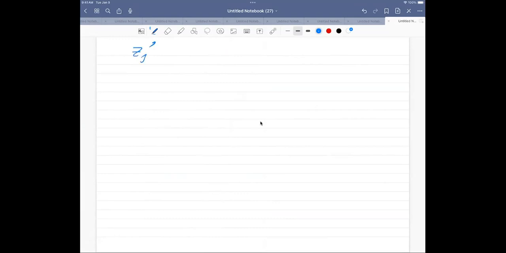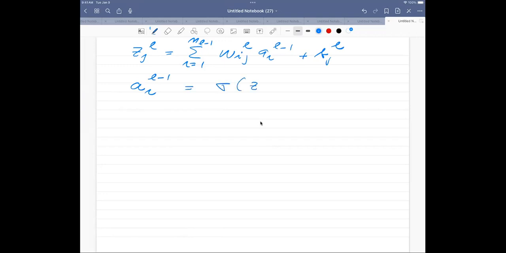We have z_j of L, which is given by the sum over i equals 1, and then the previous layer, of the weights of L times a_i of L minus 1, plus this bias for the specific node. I have the output from my previous layer, L minus 1, which is given by this activation function of z_i of L minus 1.